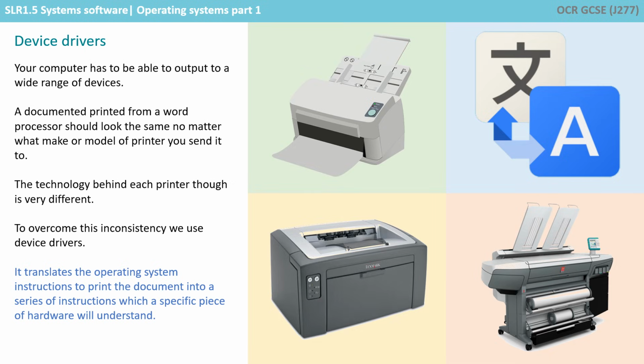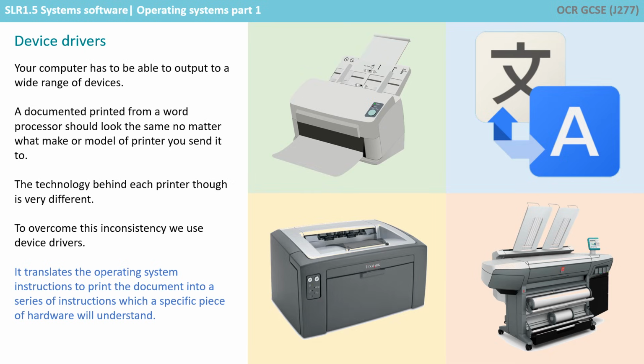In addition to this, when you save or load a program, or when you interact with the operating system, when you use your keyboard or mouse, or if you print a piece of work or display something on the screen, the computer has to be able to output to all of these various devices. If we think about printers specifically, although the document you want to print will be the same, and you expect it to look the same no matter what type of printer you're actually printing it to, the technology behind each printer can vary wildly.